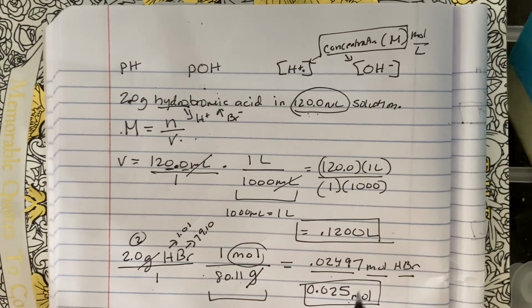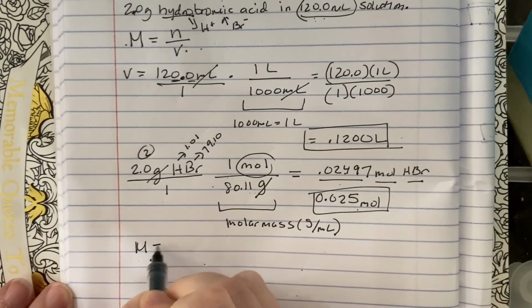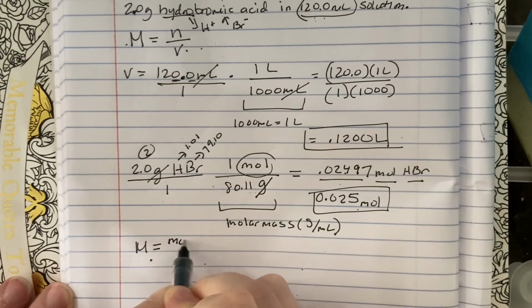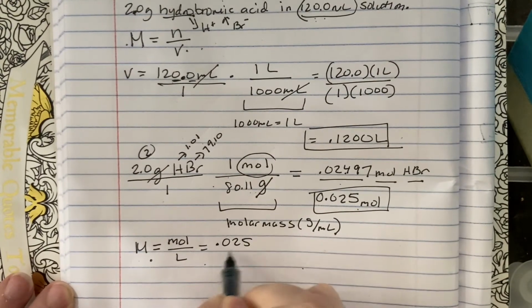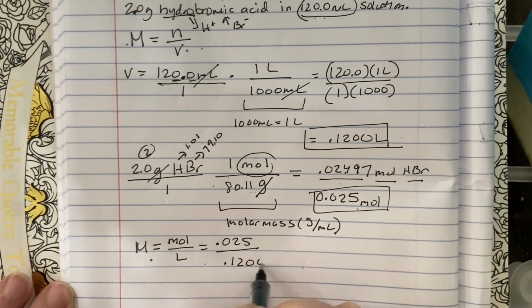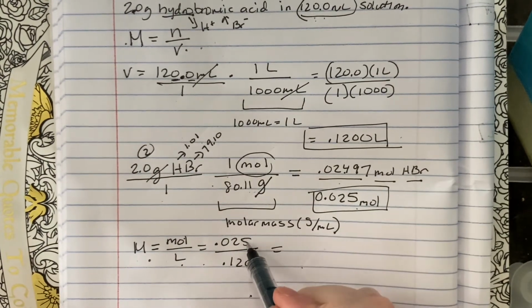Right, so now we have moles and liters, so we can go back to our original equation. Molarity is moles over liters, which is 0.025 over 0.1200. Notice this also helps me. Moles over liters, moles over liters.